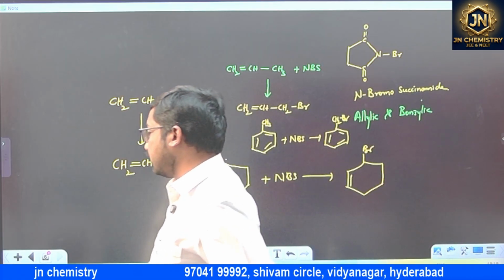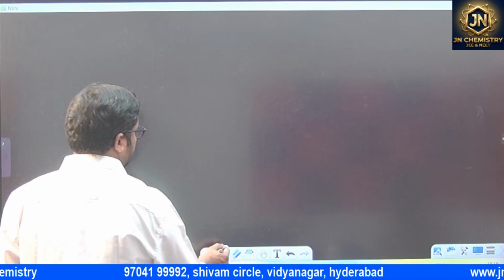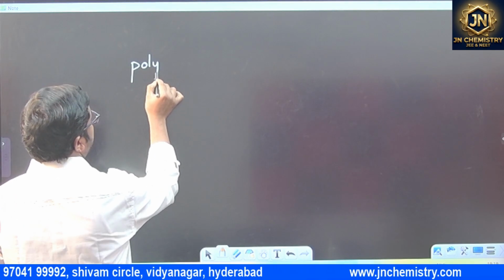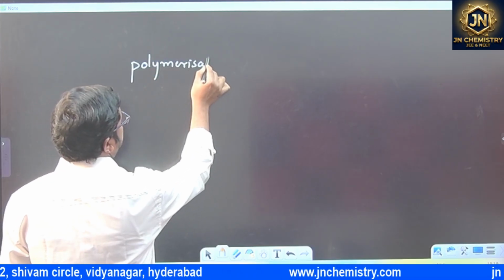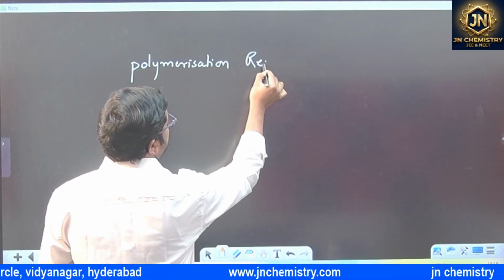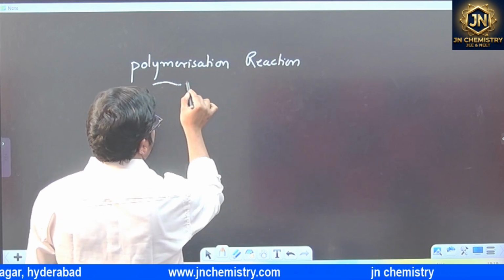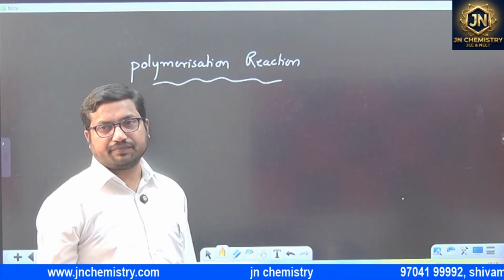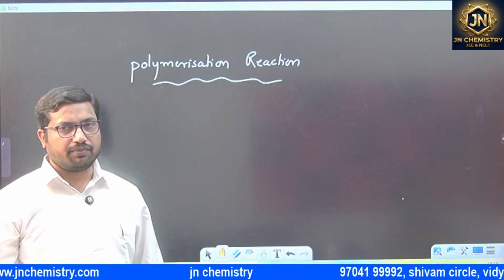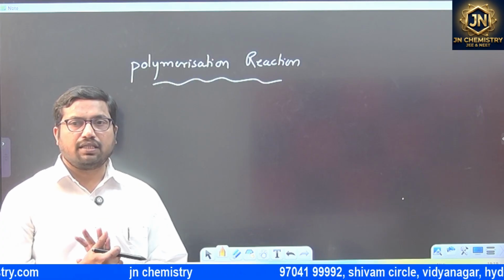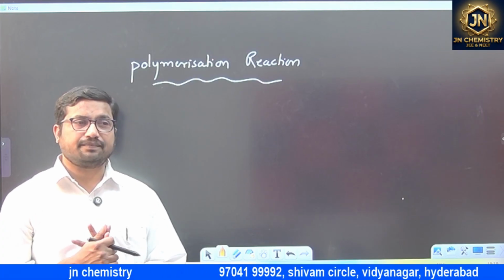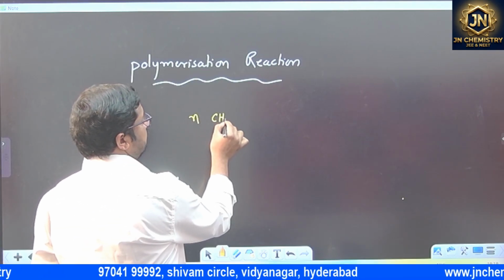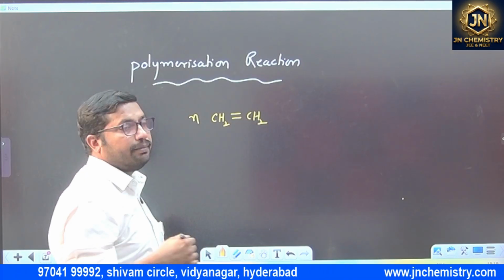Next, polymerization reaction. Polythene covers, polythene bags. What are polythene covers? Polyethylene, right? n CH2=CH2, this is ethene. Poly means many.